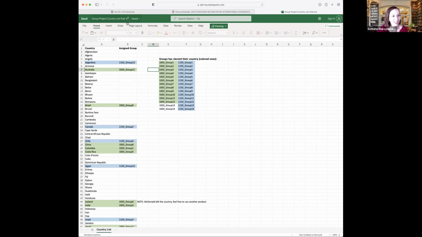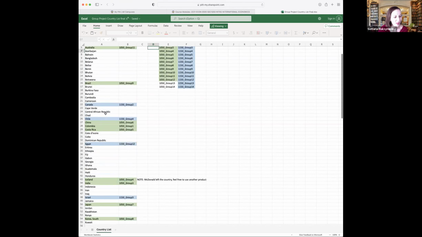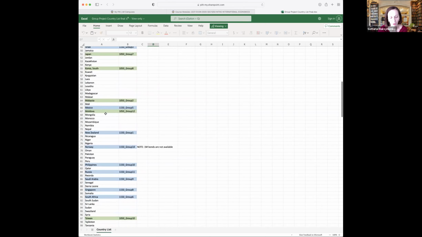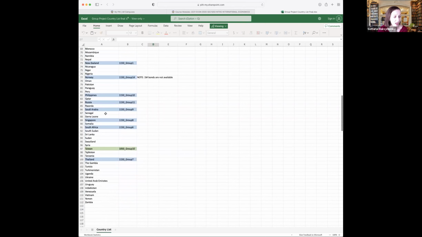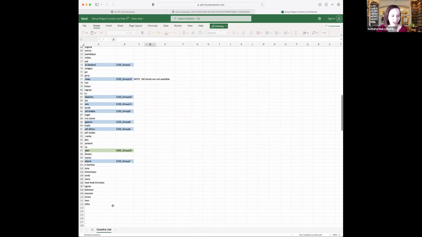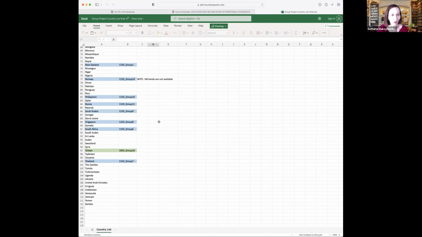So here in the shared screen, you can see the list of countries that I finalized for fall 2021. So out of 195 countries in the world, I limited the selection to 112 countries only.